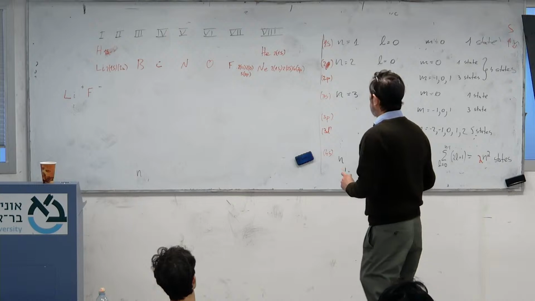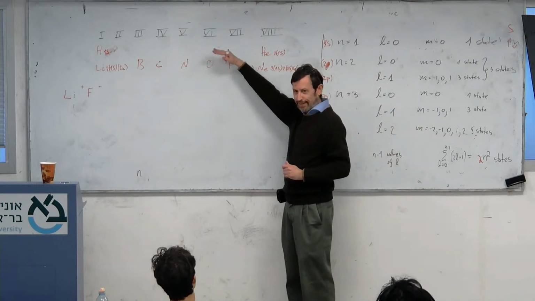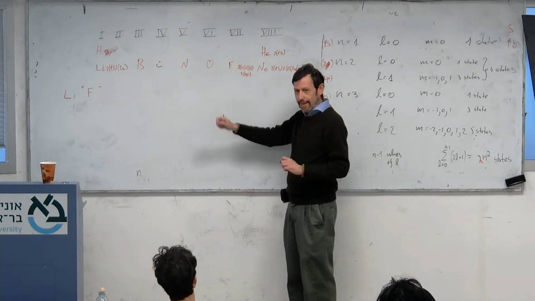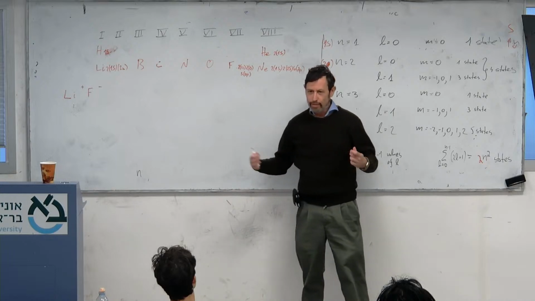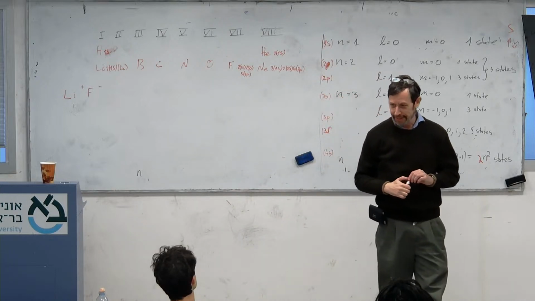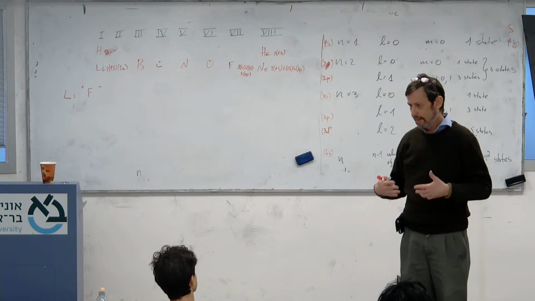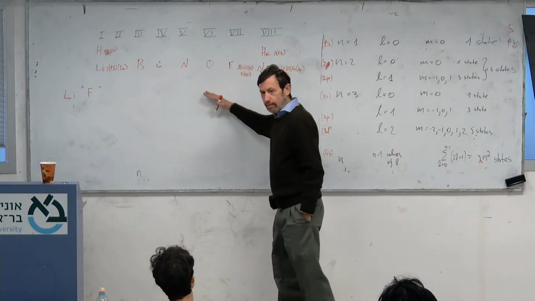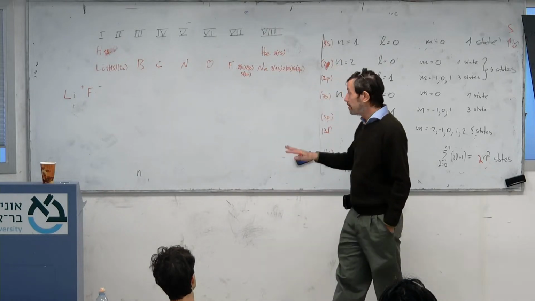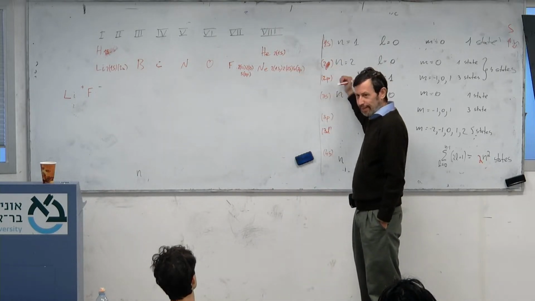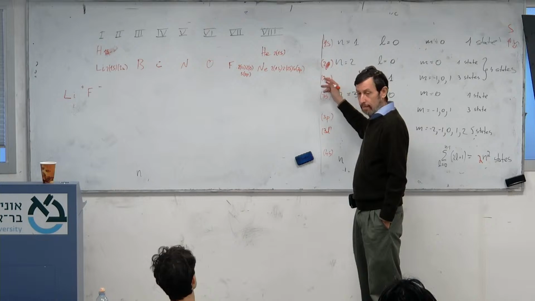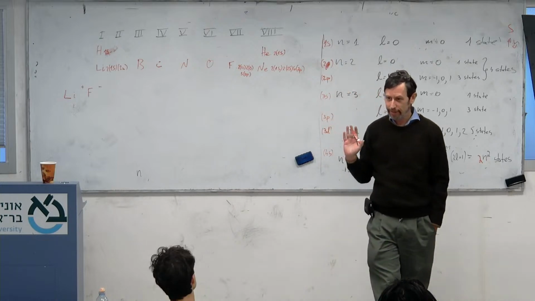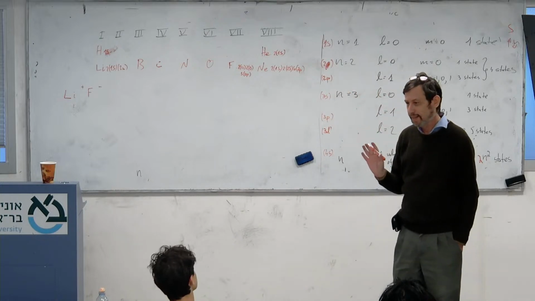So it's a very good description for the first couple of lines. Details become more and more important when you're going to higher and higher elements. But at the end of the day, the periodic table is built on these simple solutions of the Schrödinger equation for the hydrogen atom.